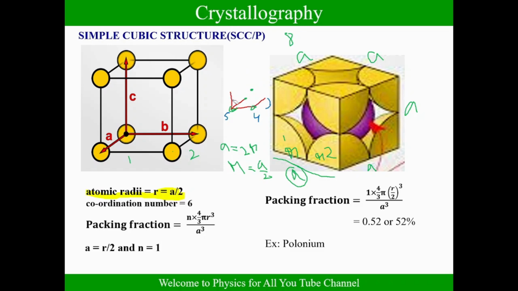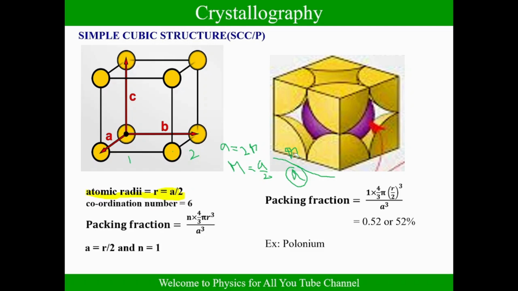Go through this information carefully. This structure is very, very important from the examination point of view. Not only for the examination, if you understand this structure, it is very easy to understand the remaining two structures, that is body-centered cubic structure and face-centered cubic structure. Therefore, you have to go through this information carefully without skipping the video.